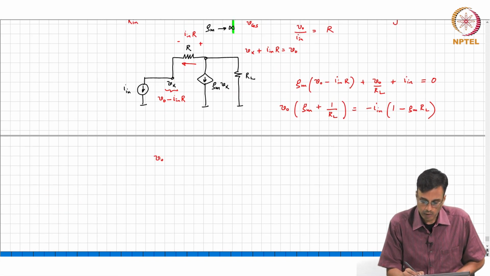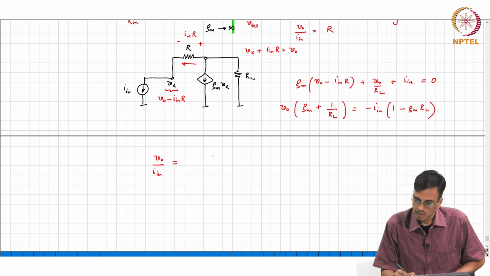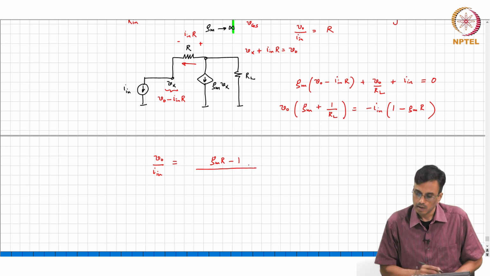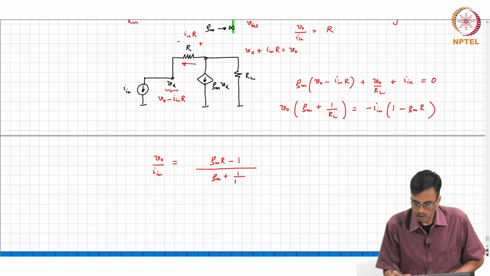So Vo over In therefore must be... where is R? We forgot R somewhere. Oh, sorry. Yeah, it's basically R times Gm minus 1 over R, over Gm plus 1 over R.